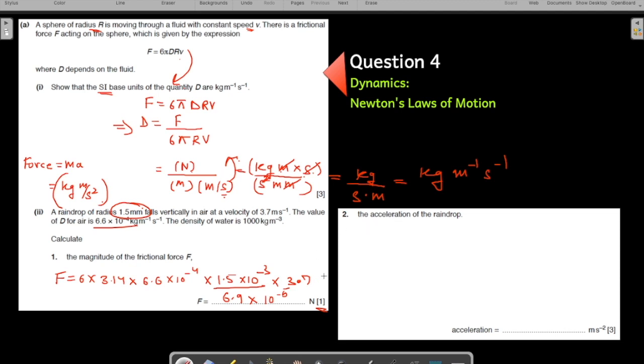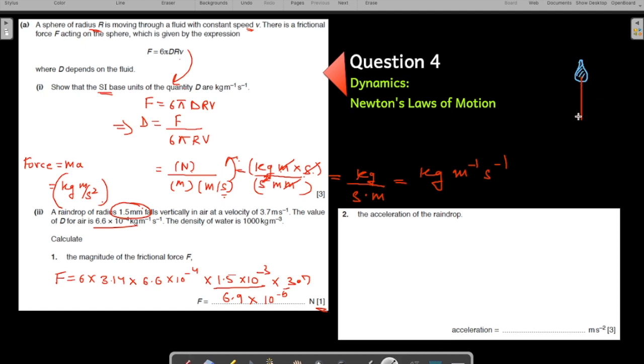Acceleration. How do you find the acceleration? Let us draw a raindrop. Let me draw a blue raindrop. Alright, so what are the forces acting on this raindrop? There is a weight acting downwards. Let me use the red color to draw the forces.